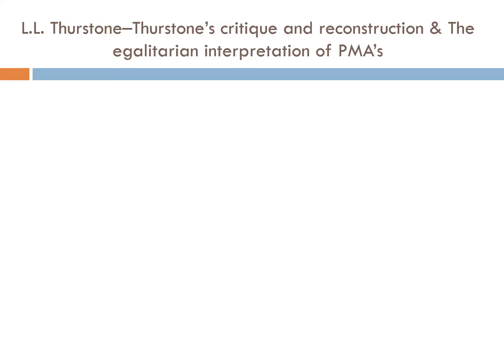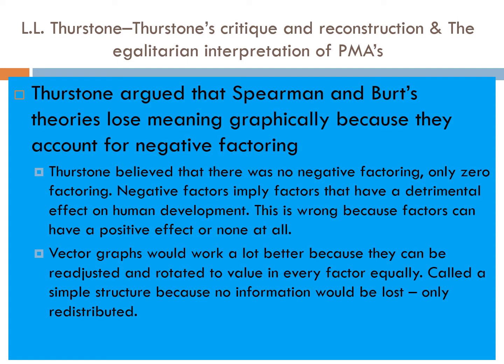In essence, Thurstone was critiquing and reconstructing the egalitarian interpretation of these things called primary mental abilities. Thurstone argued that Spearman and Burt's theories lose meaning graphically because they account for negative factoring. Thurstone believed there was no negative factoring, only zero factoring. Negative factors imply factors that have a detrimental effect on human development.